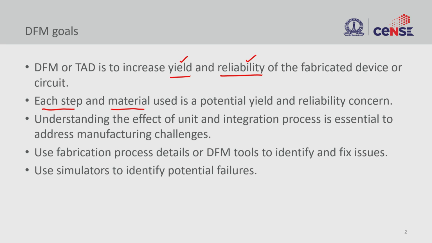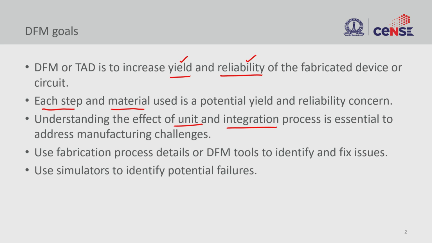So if you want to achieve high yield and reliability, we should understand the unit process. What is the effect of the unit process and the integration process as well, so that we can address the manufacturing problems. If there is a unit process failure, we should be able to understand the implication of that failure.